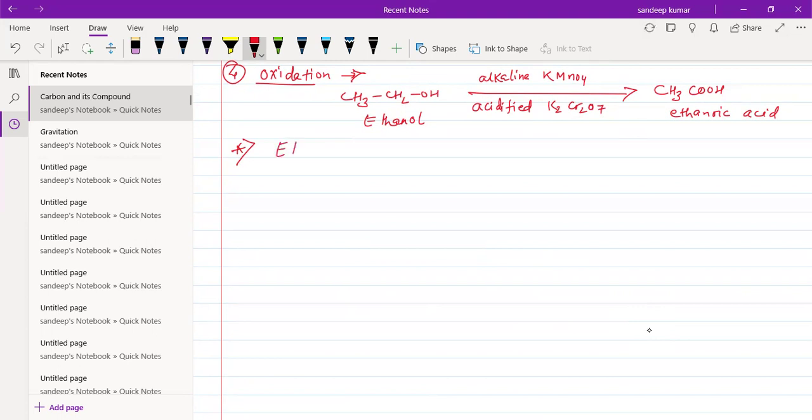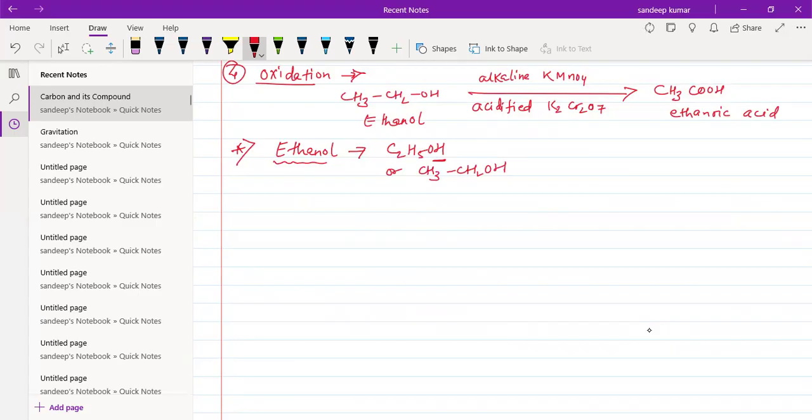Let's take ethanol first. There are two to three reactions given. What is the formula for ethanol? C2H5OH, or we can represent it as CH3CH2OH.